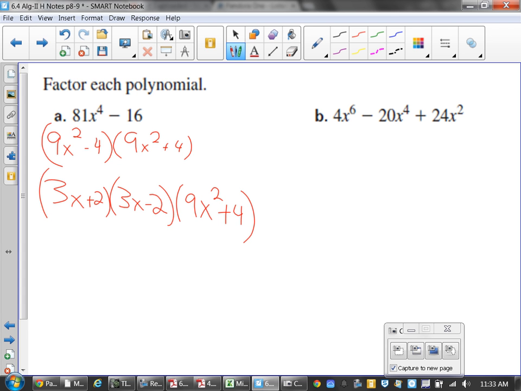So you wrote it as 3x minus 2 times 9x squared plus 6x plus 4. You're right, they're perfect fourths, but there's nothing there you can factor out to do that.